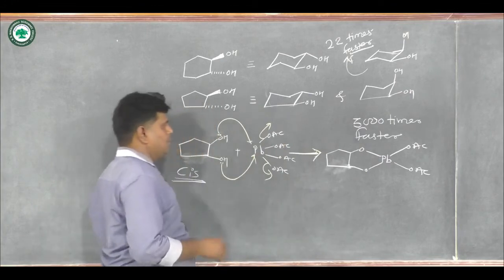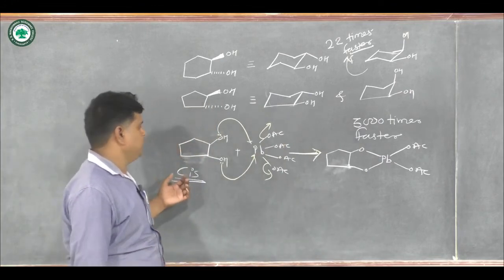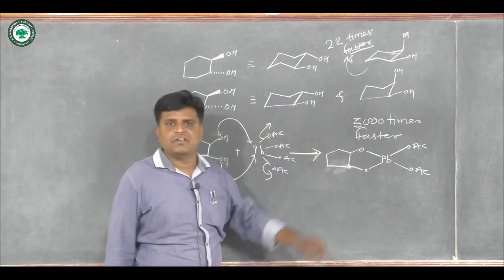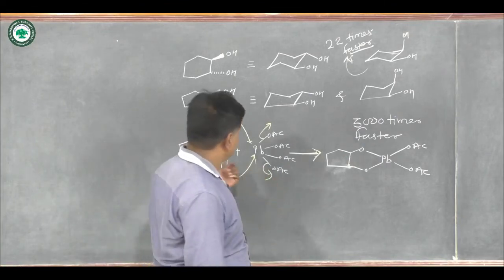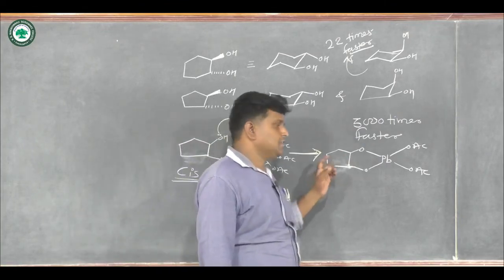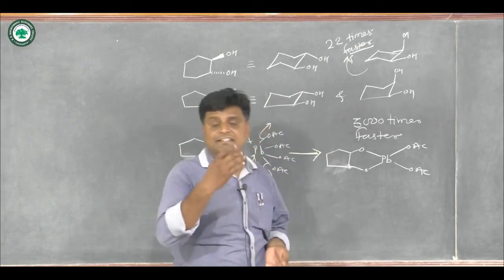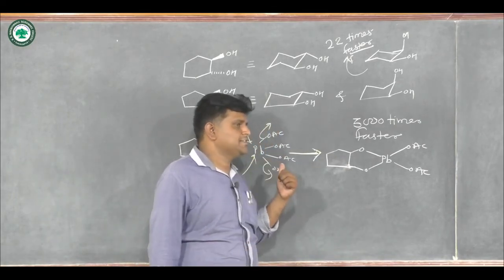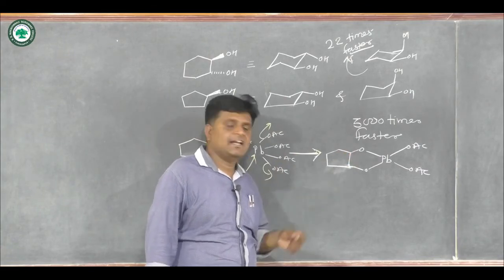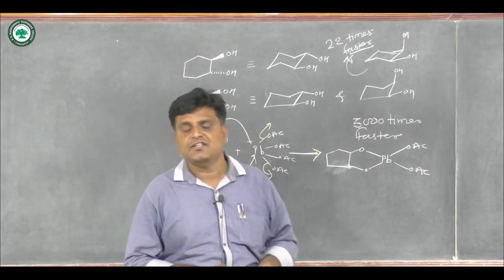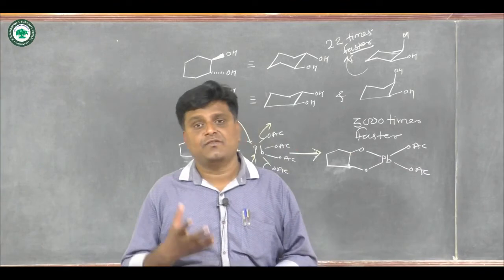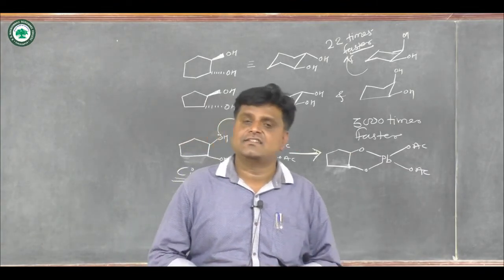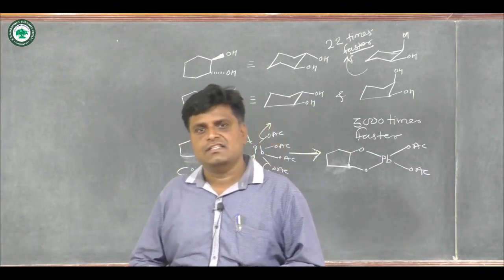So we get a result. In this case also we get such type of intermediate, but here the rate is faster, near about 3000 times. In this case we have seen the dihedral angle between the two hydroxyl groups in a 5-membered ring system is very small, nearly equal to 0.